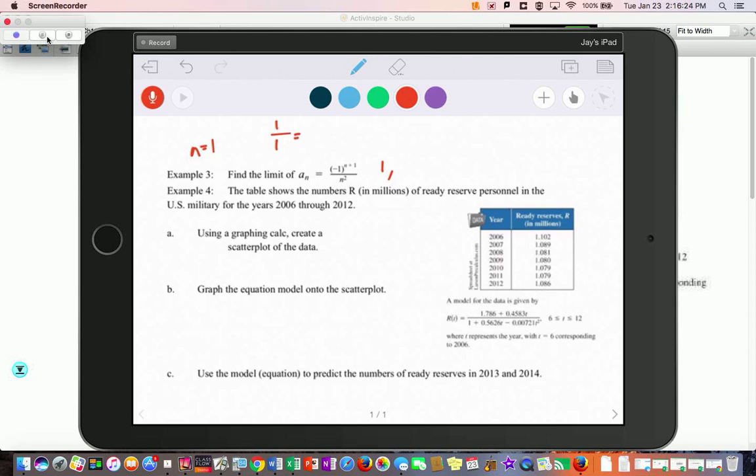Then when I put in a 2, I get -1 cubed over 2 cubed. So that turns out to be -1/4. And then put in a 3. So again, now you're at -1 to the 4th over 3 squared, and I'm at 1/9.